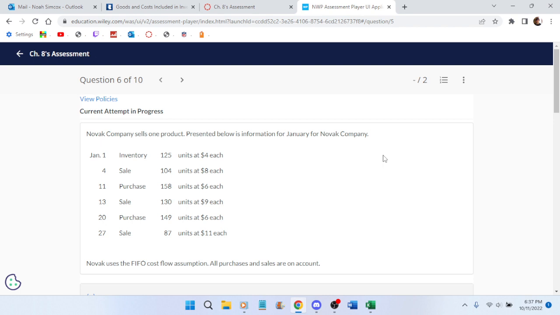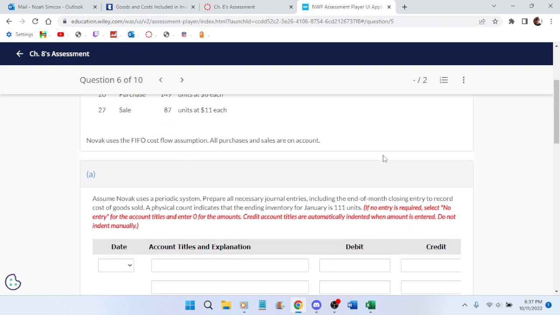So, FIFO. They used FIFO. Here's their January stuff. They had this much in inventory at the beginning of the month. Then they sold this. Then they purchased this. Then they sold this. Then they purchased and sold.